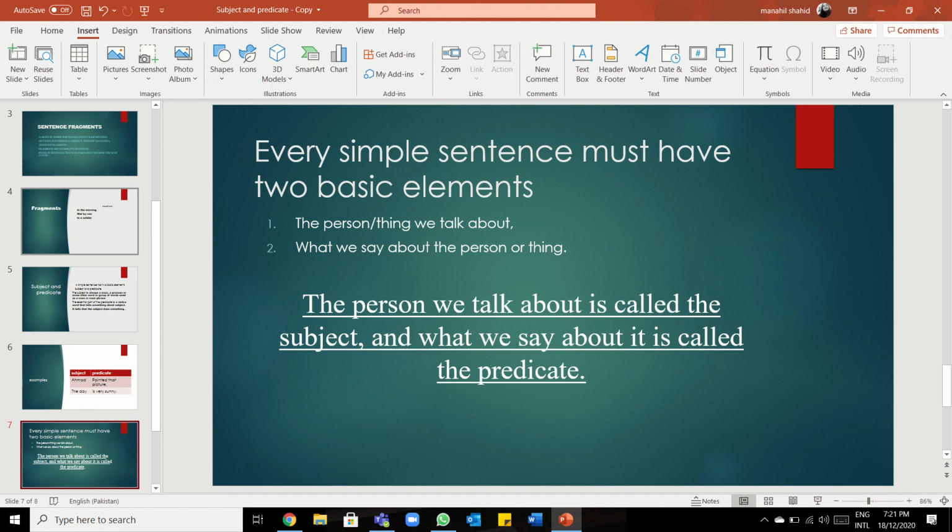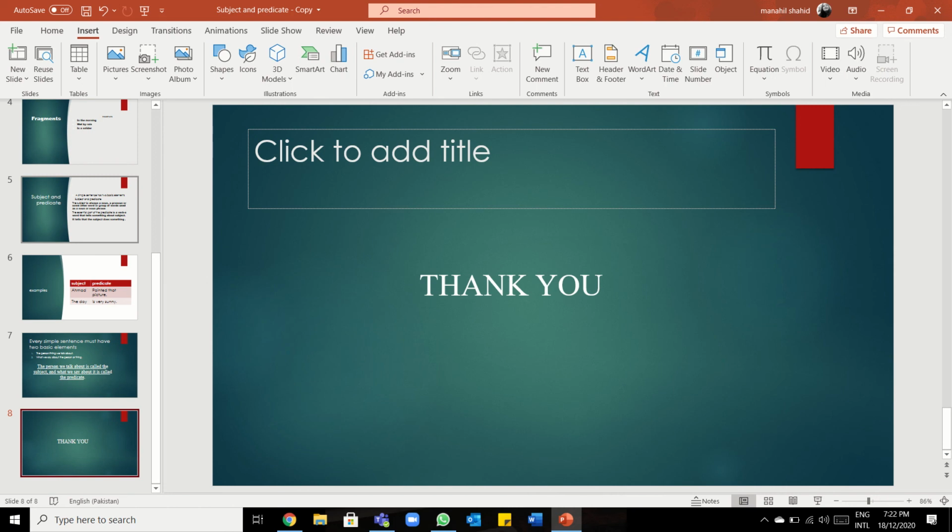Again, I'm going to define it once more. The person we talk about is called the subject, and what we say about it is called the predicate. I hope that you will understand these important parts of a sentence.